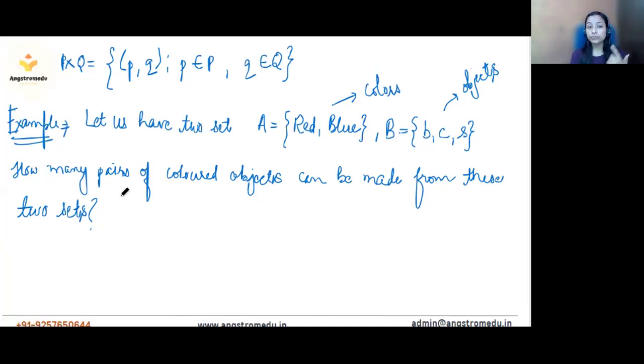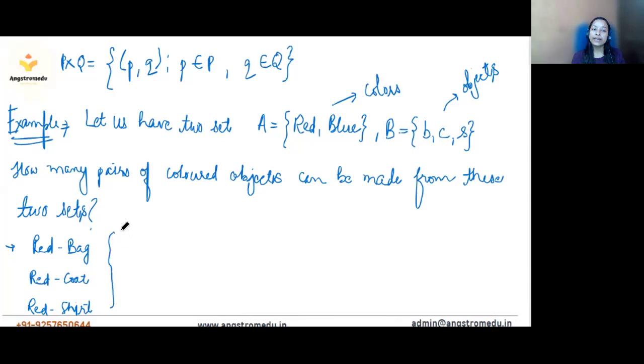So what can I do? I can have a red bag, a red coat, a red shirt.